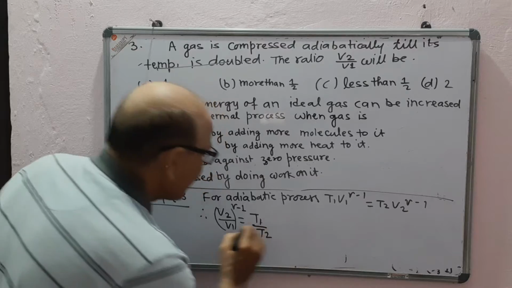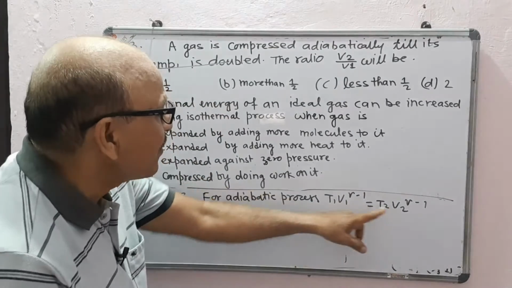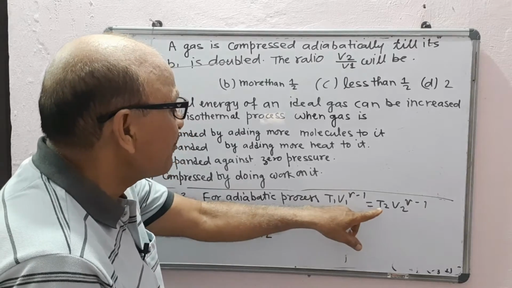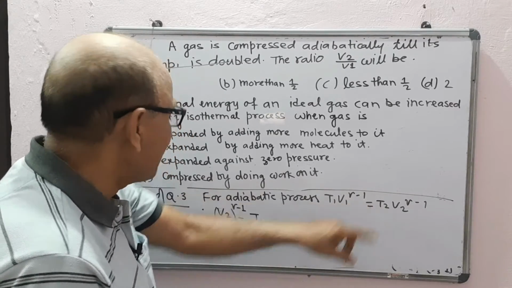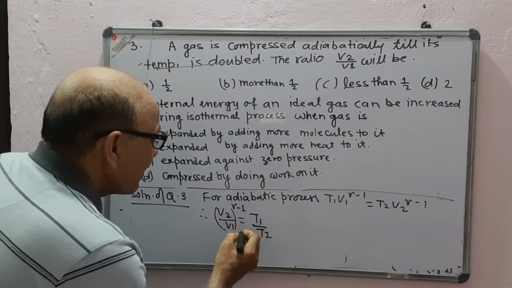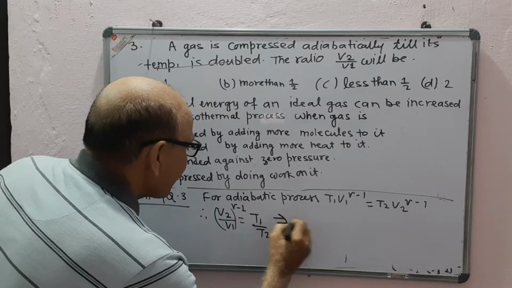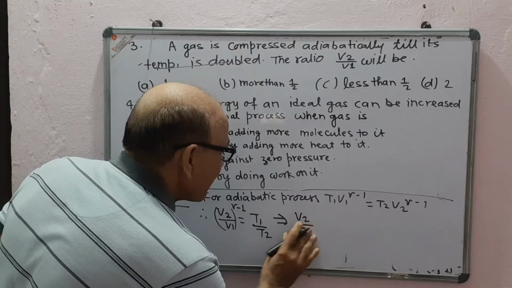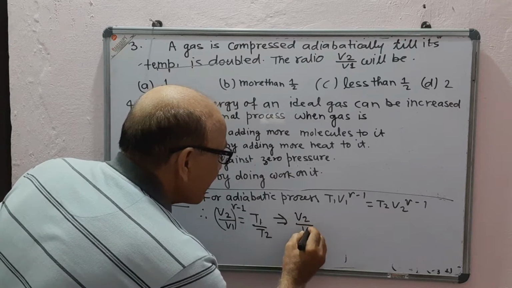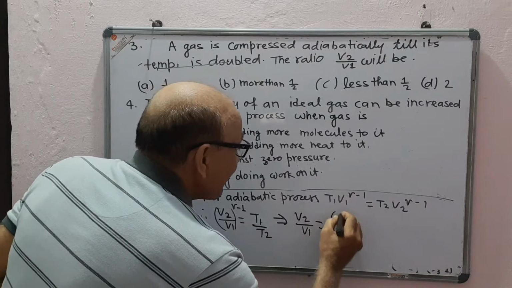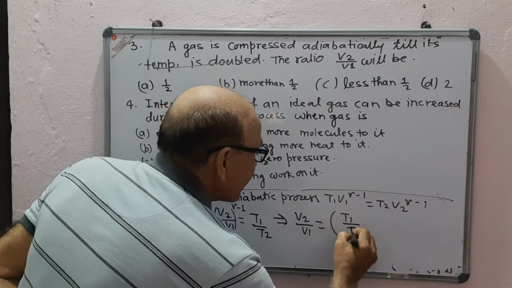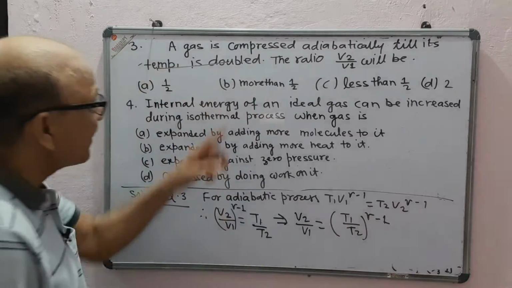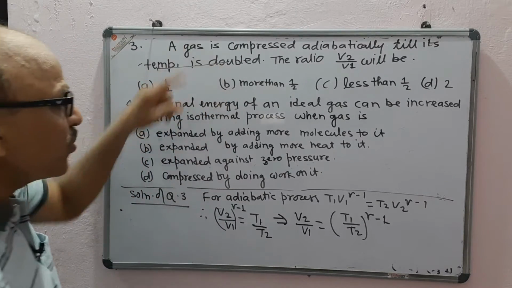Here V2 to the power gamma minus 1 upon V1 to the power gamma minus 1 is equal to T1 upon T2, or V2 upon V1 will be equal to T1 upon T2 to the power 1 upon gamma minus 1.